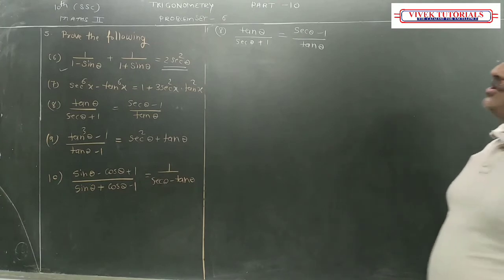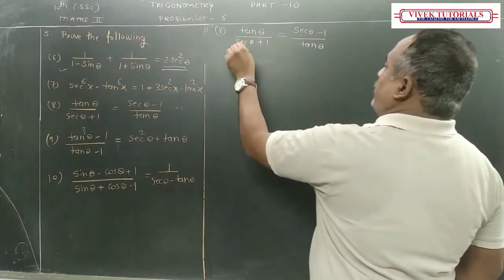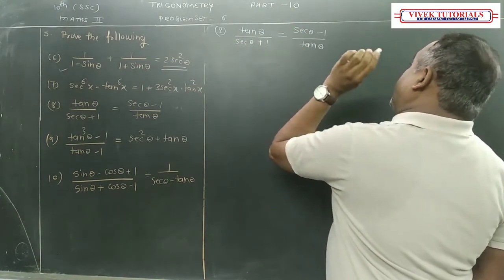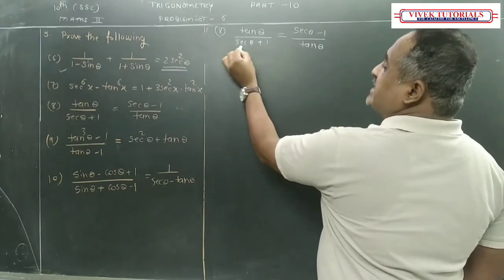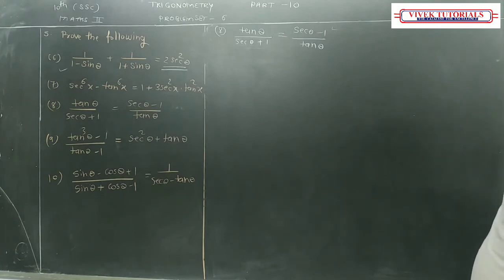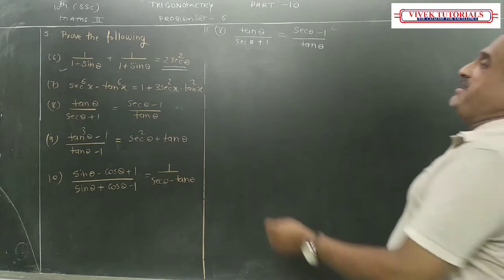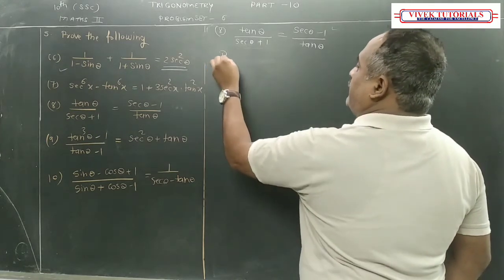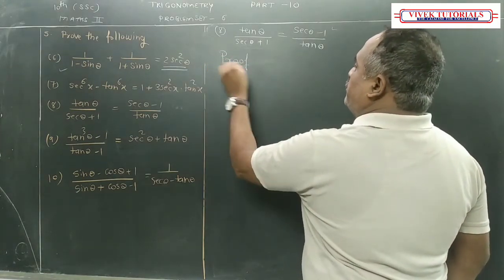See the eighth question. What have they given you? Tan theta upon sec theta plus 1 is equal to sec theta minus 1 upon tan theta. Because the denominator is sec theta plus 1, we will rationalize it, which will be much better. So what I would write: Proof.